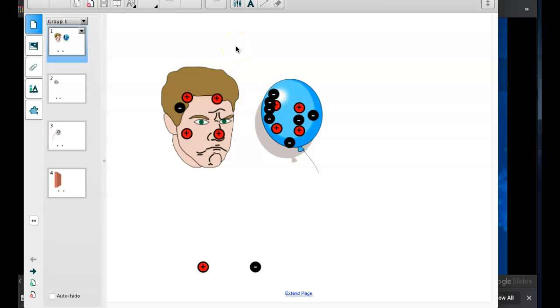Okay, so now by doing that, we have created a charge on the balloon that is negative right here. But notice that we have also created a positive charge on the head because an electron is over here, there's a whole bunch of positive over here, but no electrons, right? So we created a negative charge here and a positive charge here.